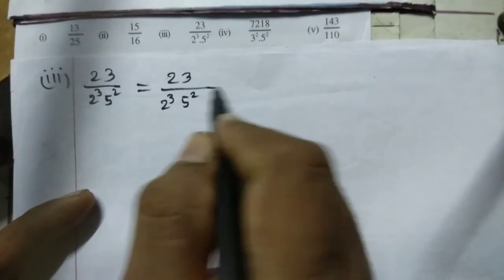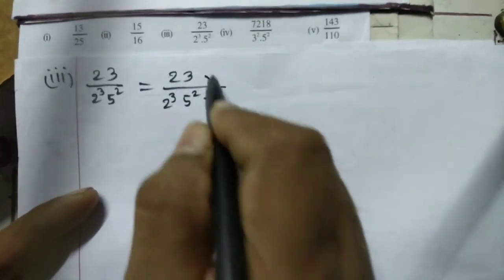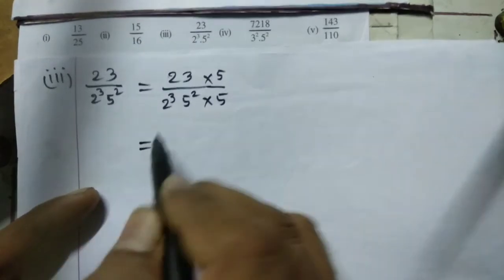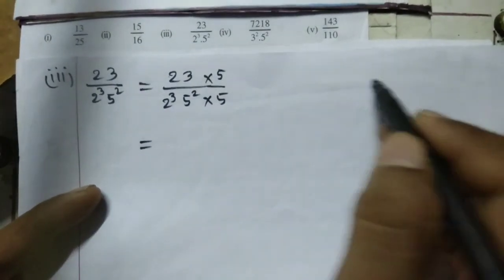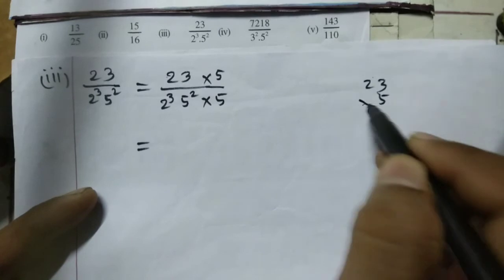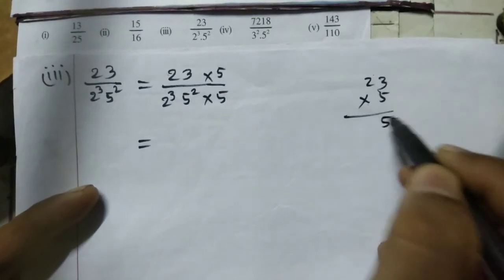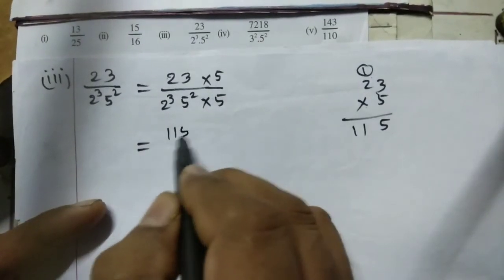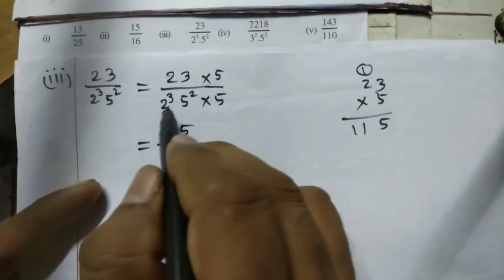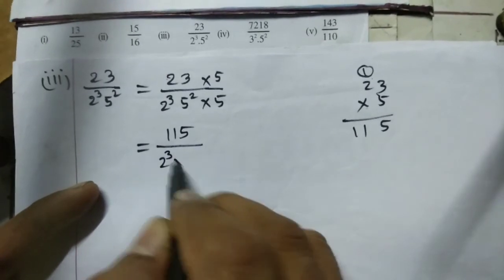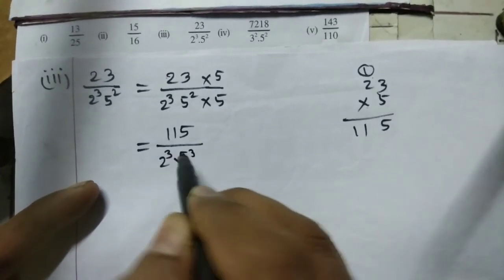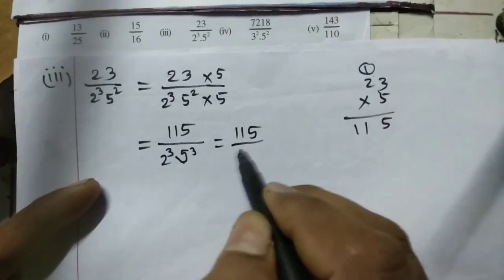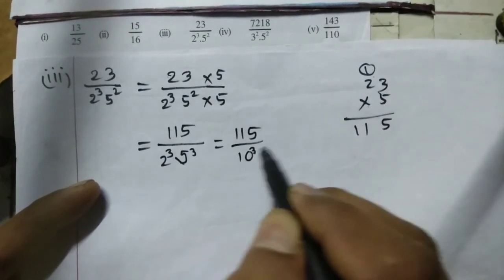Here we have to multiply both the numerator and denominator by 5. 23 5s are 115, by 2 cube 5 cube. 115 by 10 cube.